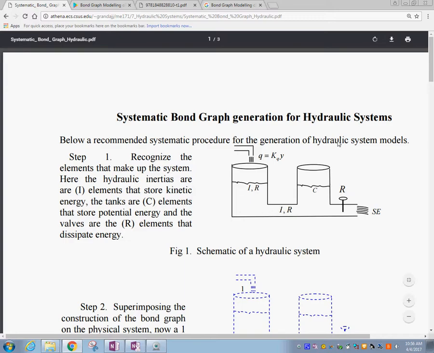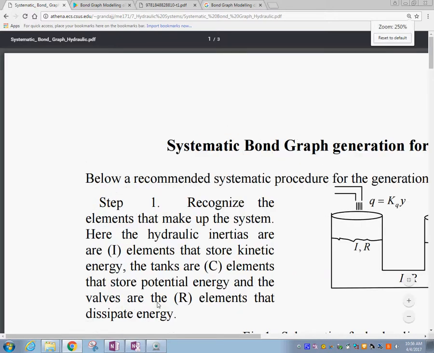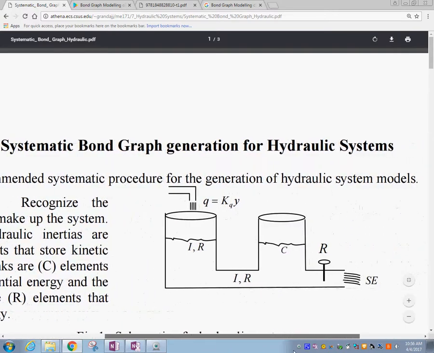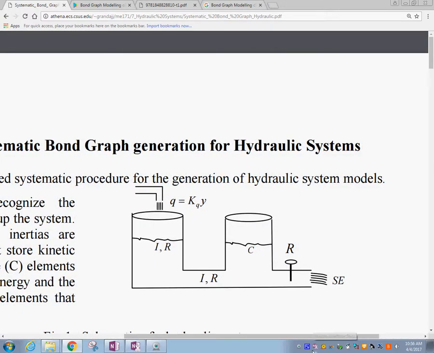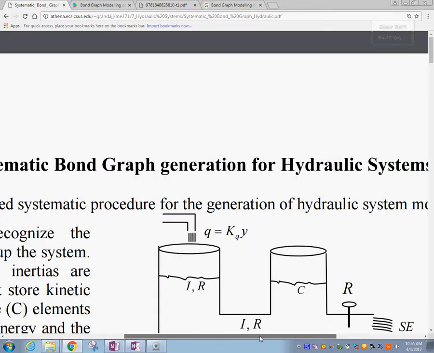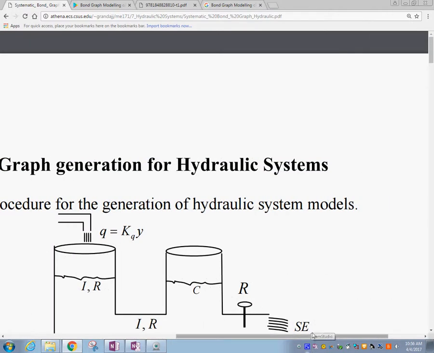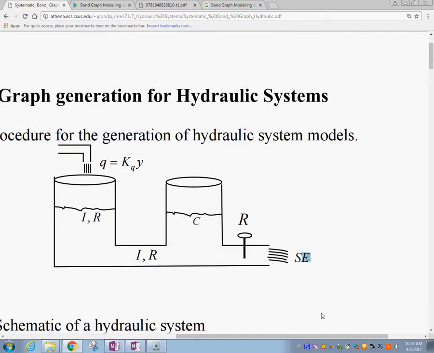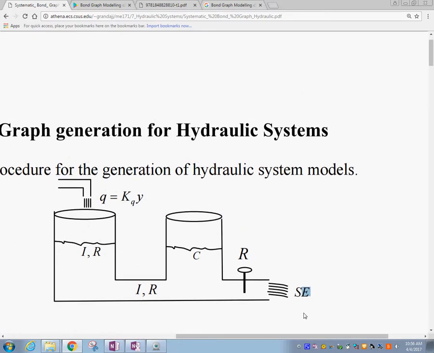I would like to concentrate mainly on the pictures on the right hand side. I'll let you read the steps later on, but I want to explain it to you. This is a simple hydraulic system.